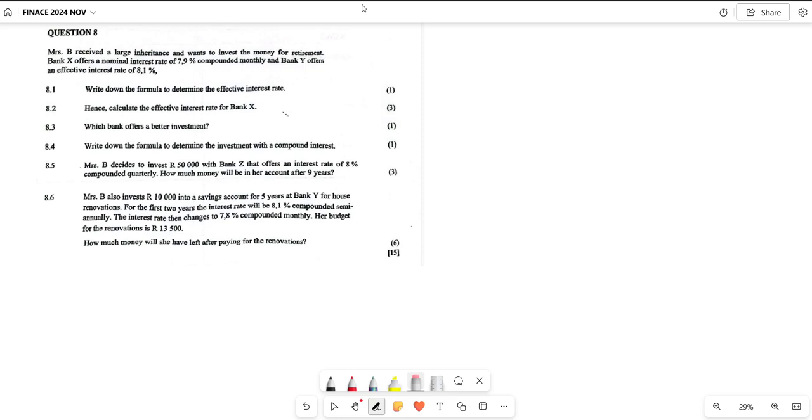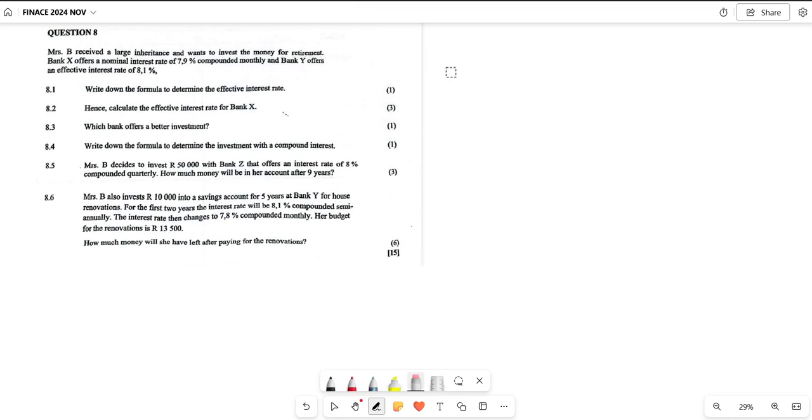Bank X offers a nominal interest rate of 7.9% compounded monthly, and Bank Y offers an interest rate of 8.1%. We are required to write down the formula that can be used to determine the effective interest rate.